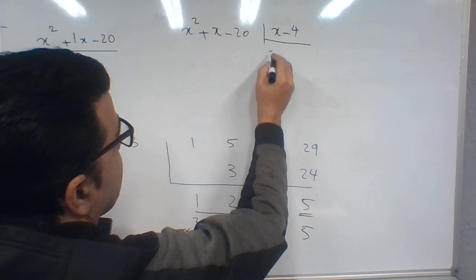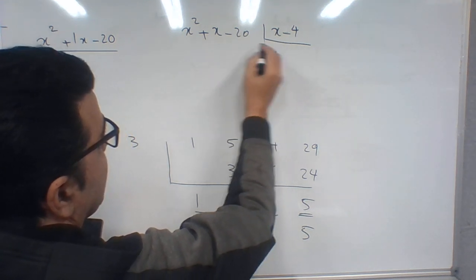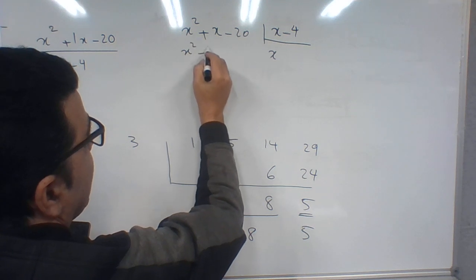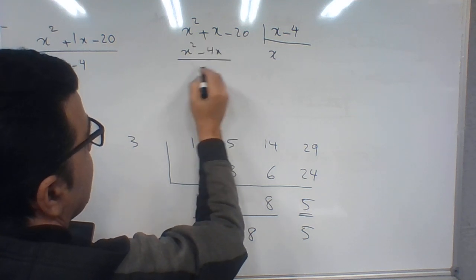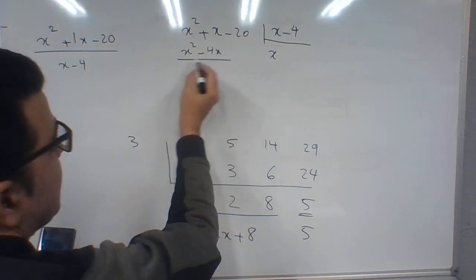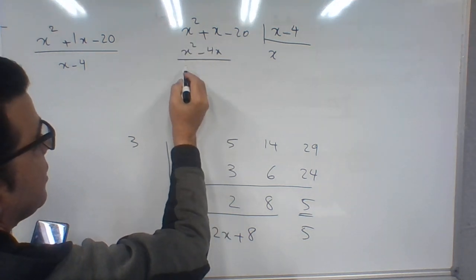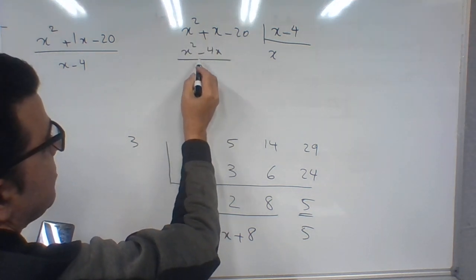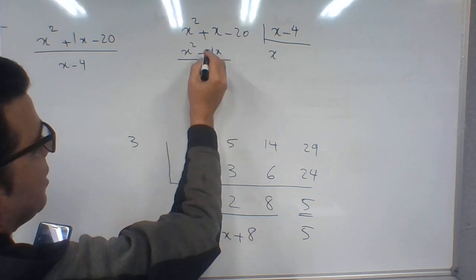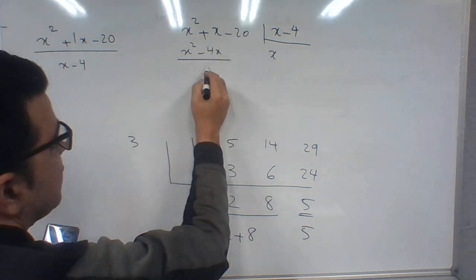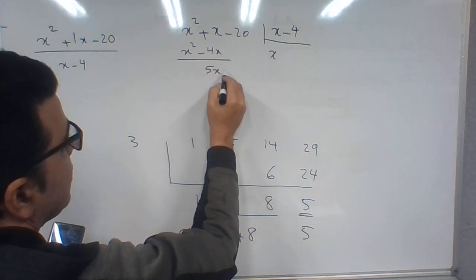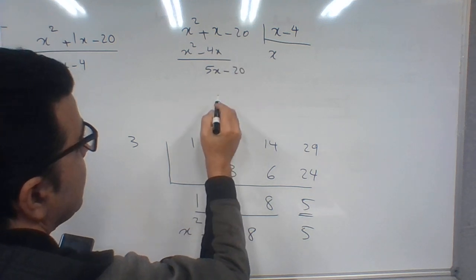Now multiply x by x minus 4. So x² minus 4x. And then subtract the second polynomial here. x² minus x² is 0. x minus negative 4x is x plus 4x. So it is 5x. And then minus 20.